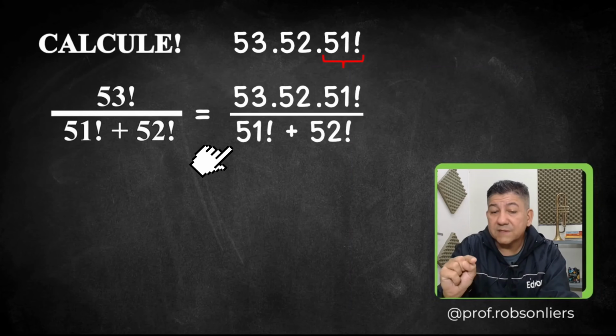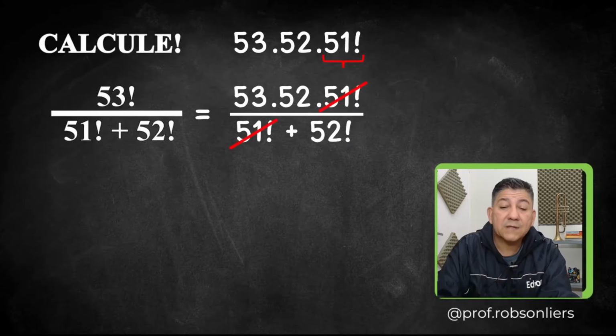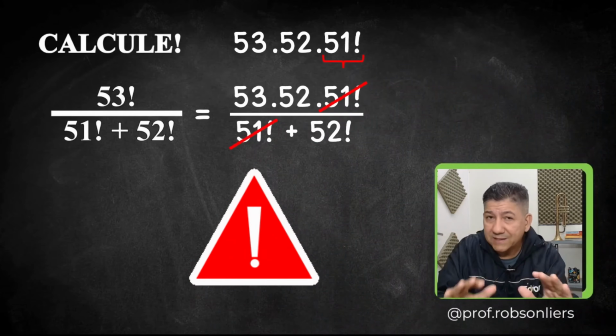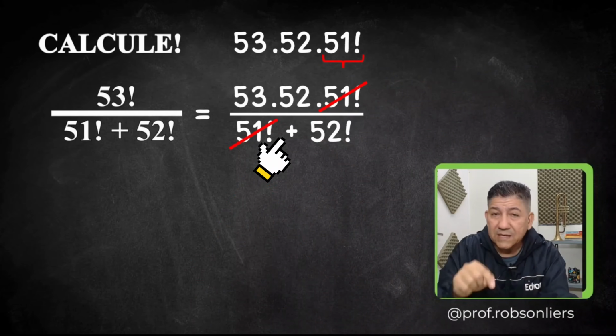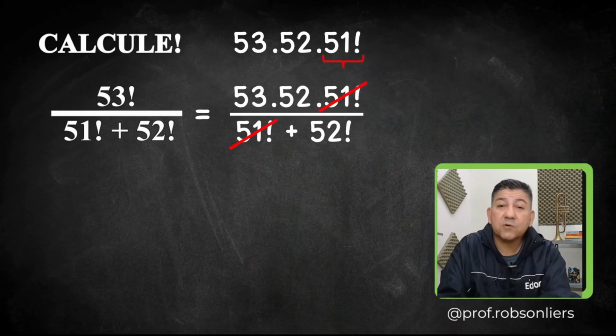Professor, there's 51 factorial on top and 51 factorial on the bottom. I'm canceling the top with the bottom, but you'll slip up and get the question wrong. Take it easy, everyone. Here in the denominator of the fraction, there's a sum. 51 factorial plus 52 factorial, I can't simplify. Professor, what am I going to do then to simplify if I can't cancel?